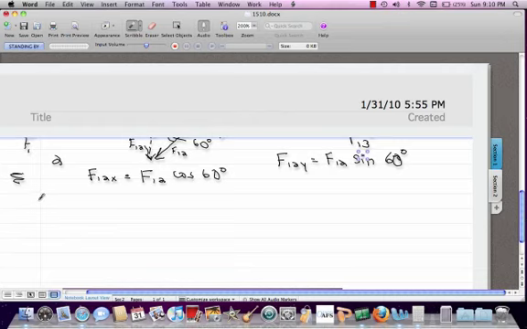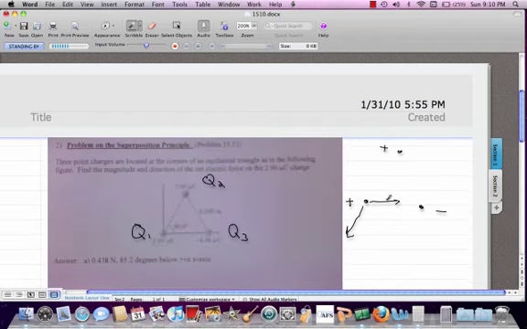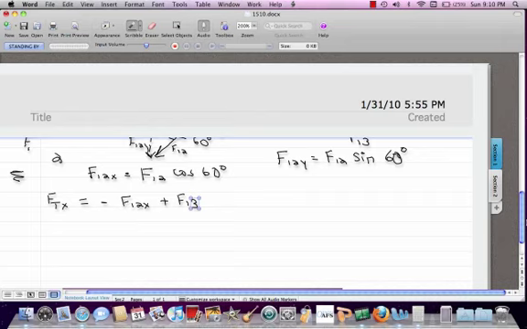To find my total force, I need my total force in the x direction and my total force in the y direction. Let's do x first. In the x direction, I have negative F12x, because that's to the left, plus F13, because my charge here is pulling Q1 to the right, so that's positive. F12x is F12 cosine theta, so this becomes 0.504 newtons times a half.